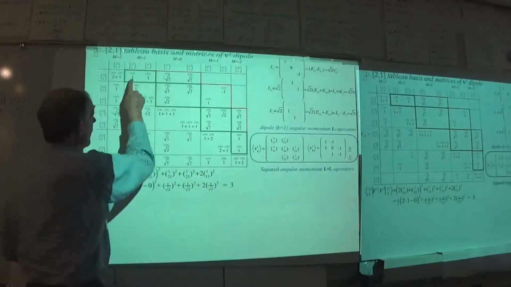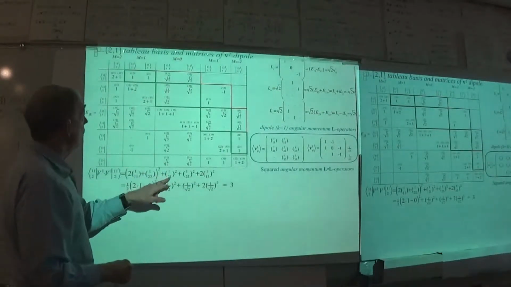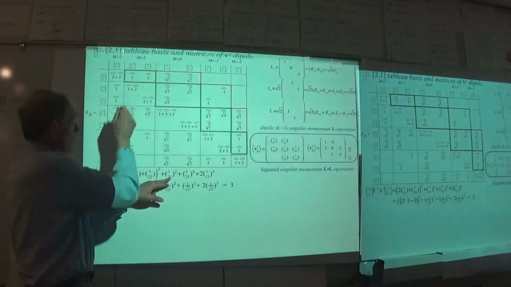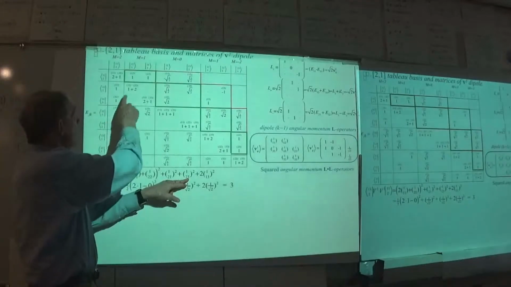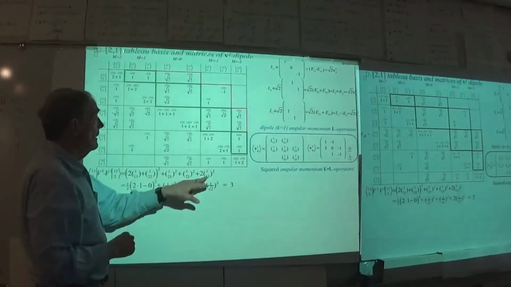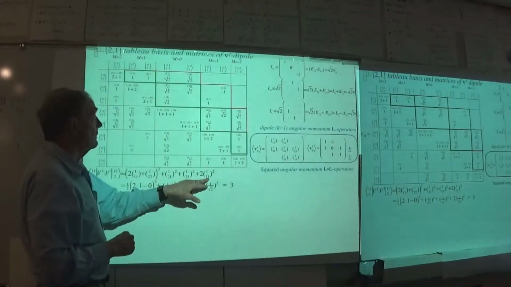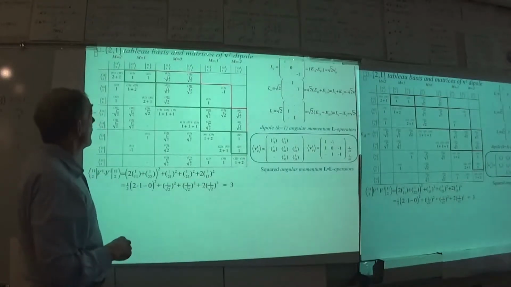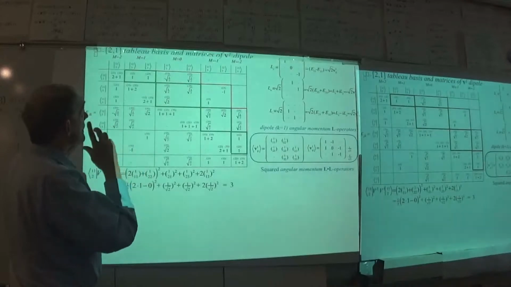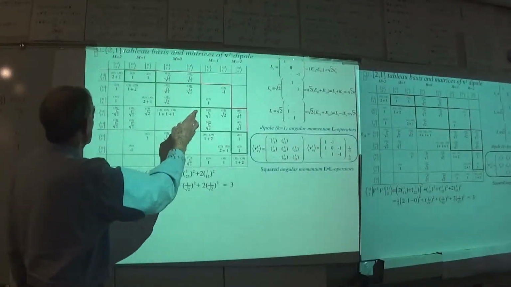So I'm going to be picking off a 1 times the 2, 1, and there's a 2, 1 right there. A 2, 3 squared, this guy right there, and I'm not being careful with signs because it is squared. And then finally a 2 for a 1, 3. Now the 1, 3, we've got that.